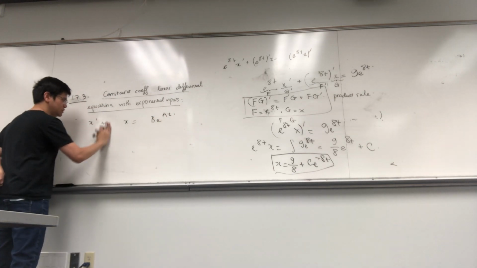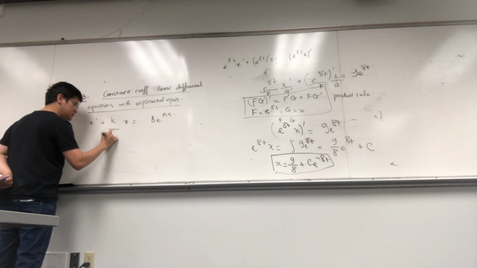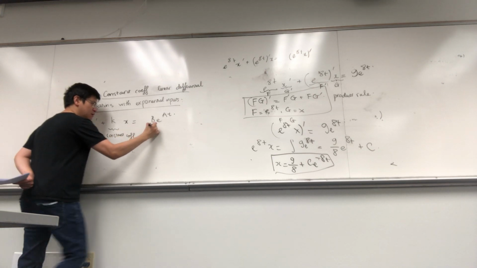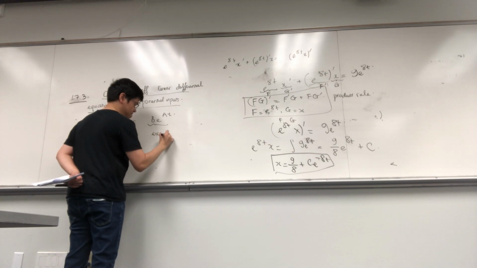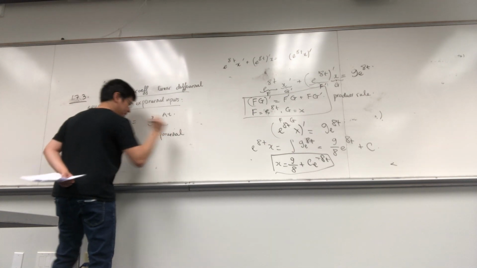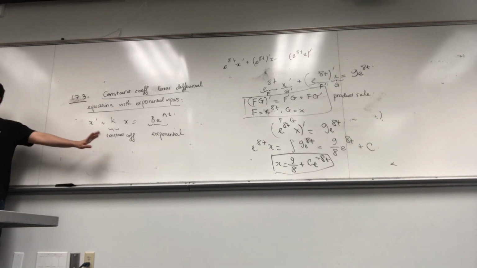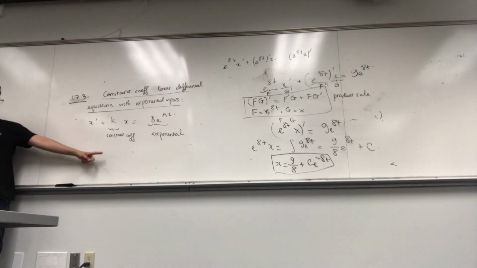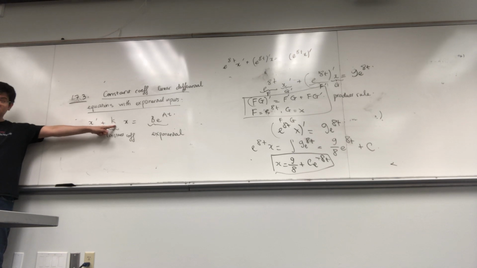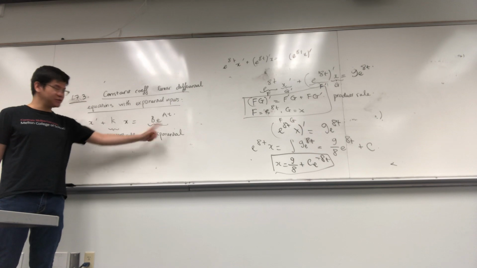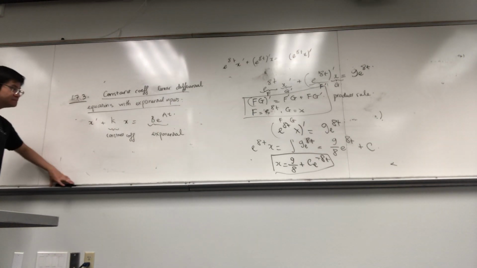This p will be a constant, so this is constant coefficient, and this is exponential. So the next example will be a constant coefficient linear differential equation with exponential input. The coefficient has to be constant, and the input is exponential.